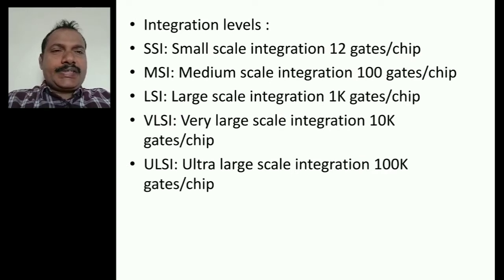Now, how are these ICs, integrated circuits, built? In the previous lesson also, we have briefly discussed logic families and integrated circuits. An integrated circuit is formed by taking a single piece of semiconductor material, either silicon or germanium.